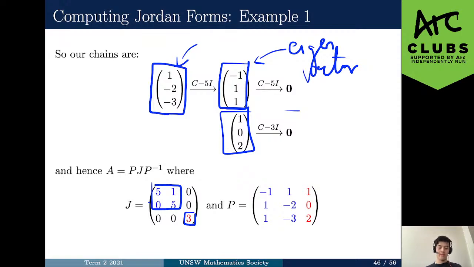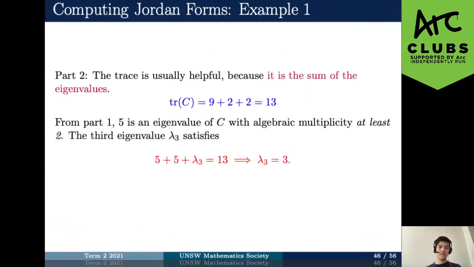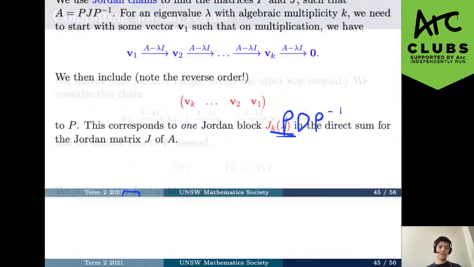And then the matrix P over here, how do we get this? Well, the (-1, 1) is the eigenvector corresponding to 5, and the (1, -2, -3) is the generalized eigenvector. So if you remember, on the earlier slide we said we need to reverse the direction. This is exactly what it is.